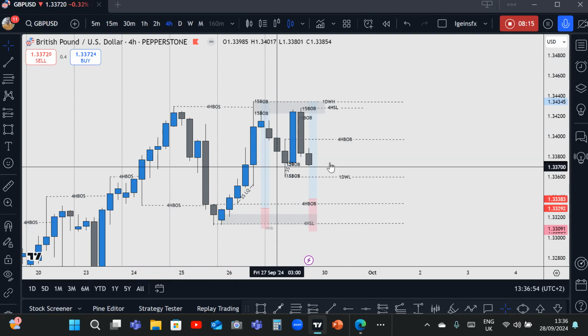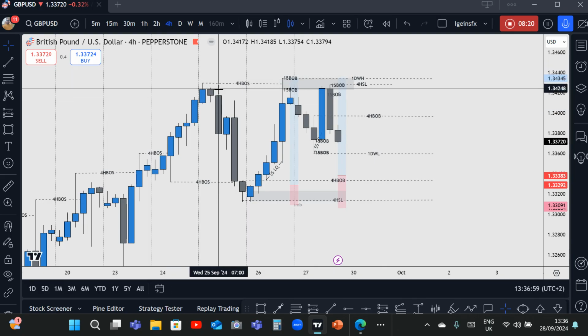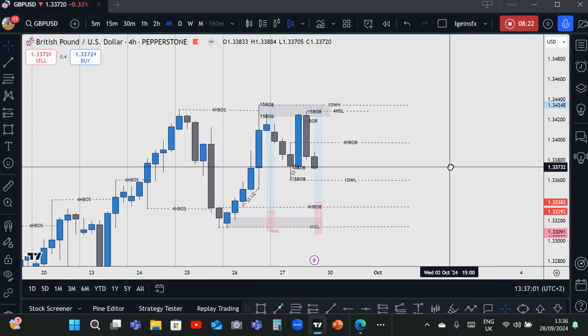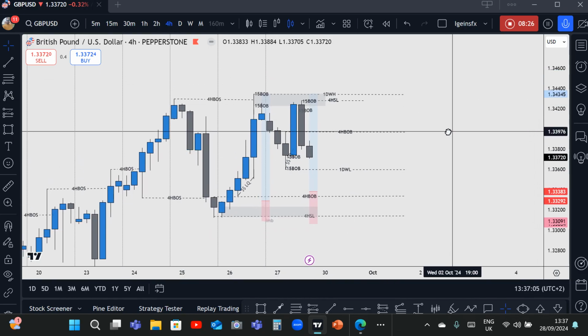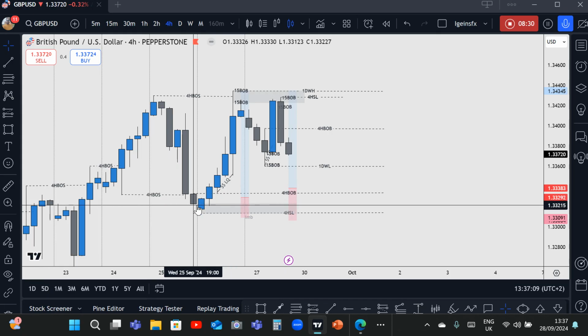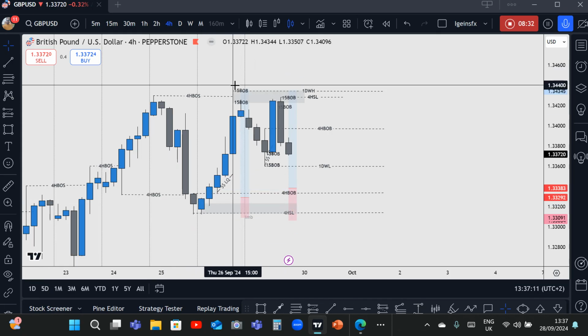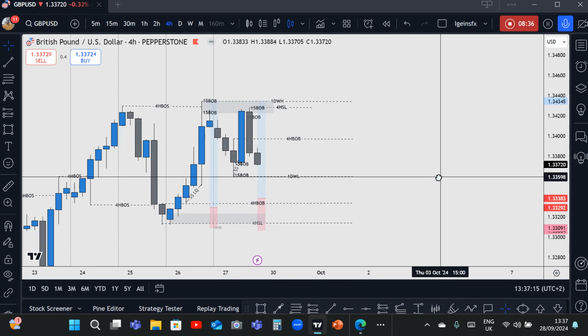So you flip it. Now, the last bullish candle before the bearish trend happens is what we call bearish underblock.